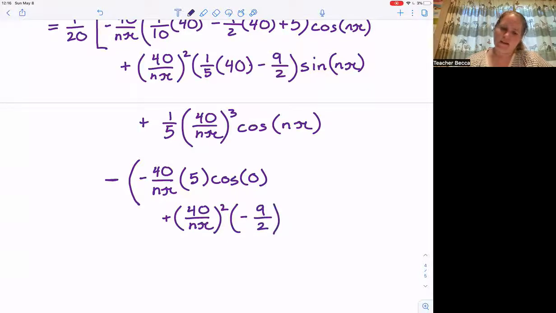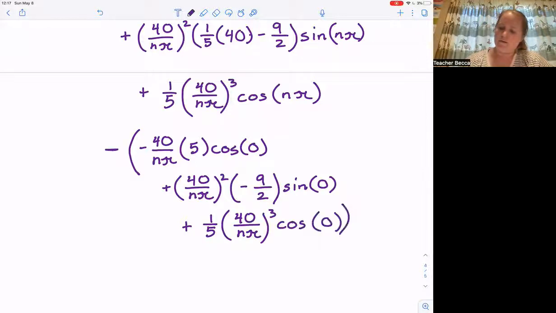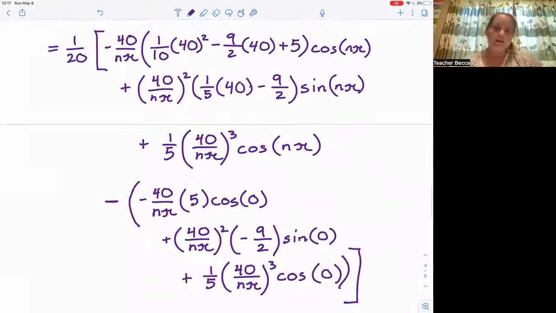And that is times sine of 0. And then we also have a plus 1/5 times 40 over n pi, whole thing cubed, times cosine of 0. And all of these pieces were being subtracted off. This entire 6-line setup is being multiplied by that 1/20th out front.